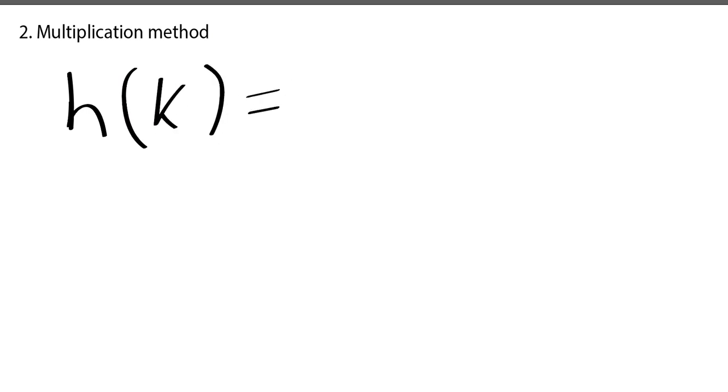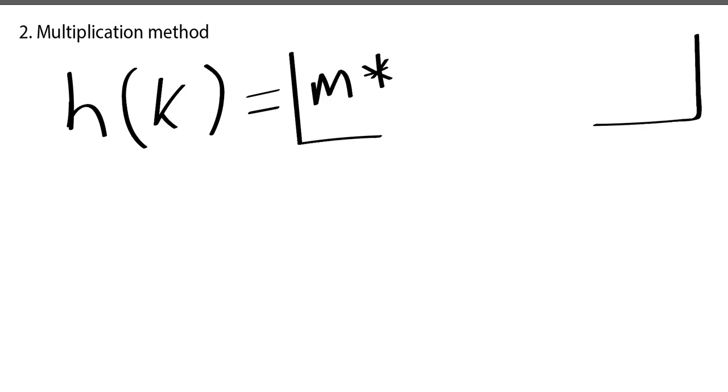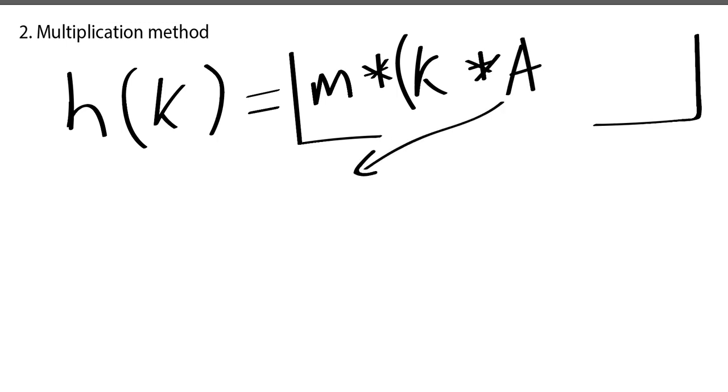The multiplication method goes like this. h of k equals, and this time we're flooring, m times k times a, where this constant a is in the open interval 0 to 1, and this is going to be modded with 1.